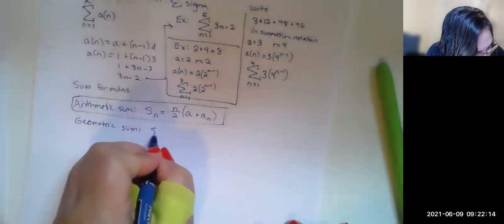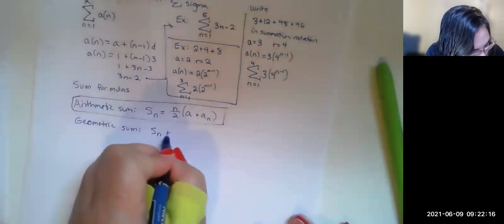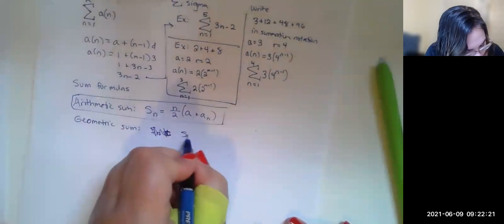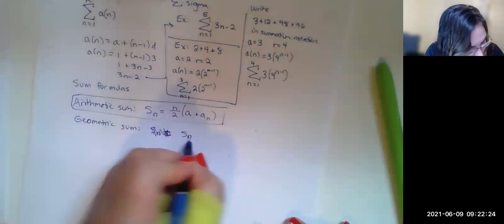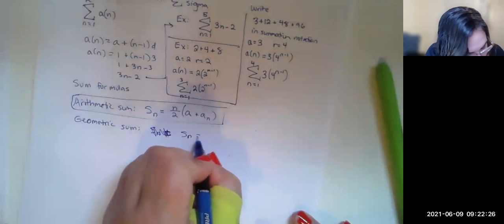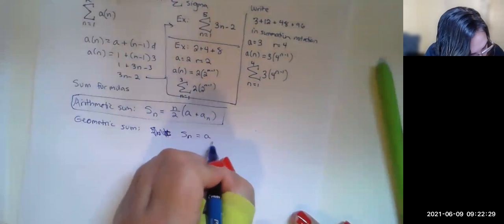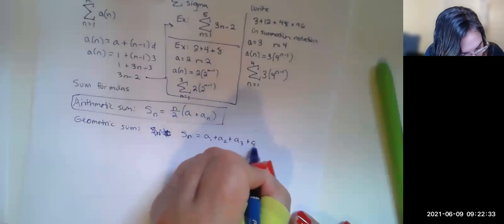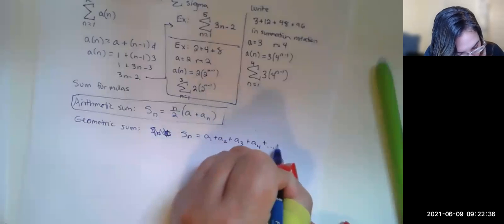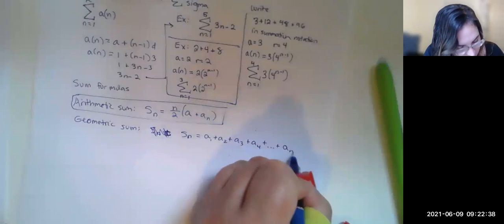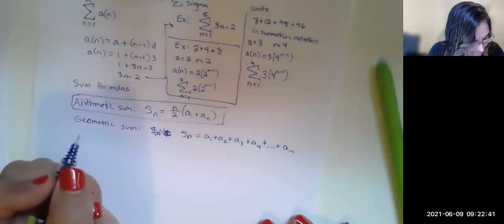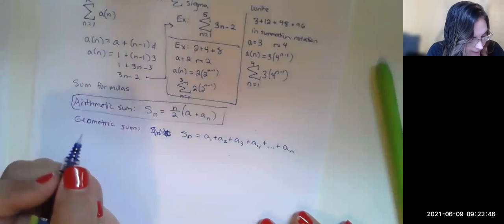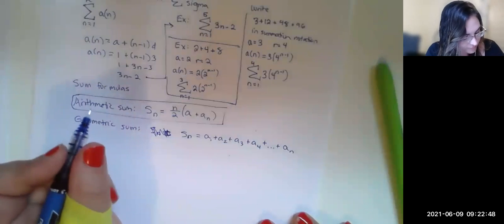For the geometric sum, you're looking at the sum of the first n terms. Let me start over with that. S of n, or S sub n, however you want to write it, is equal to A or A1 plus A2 plus A3 plus A4, all the way until the nth term. So we want to figure out how we get there.